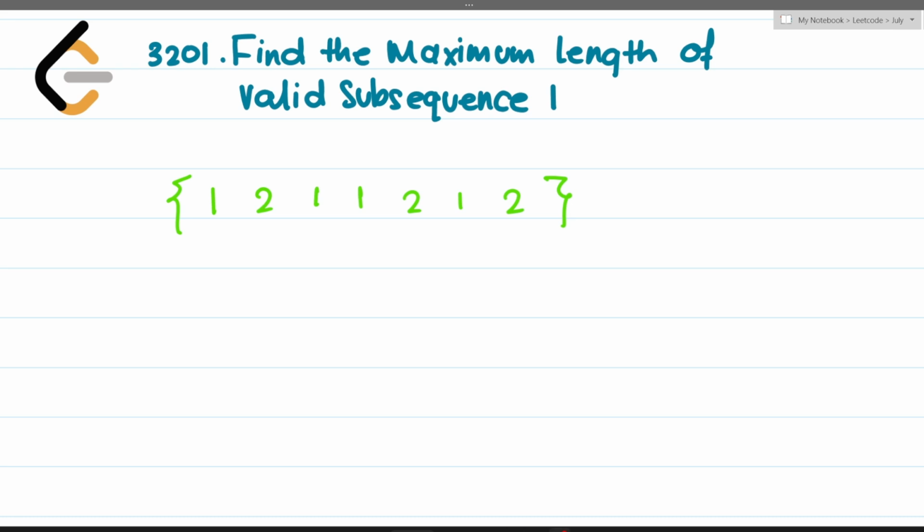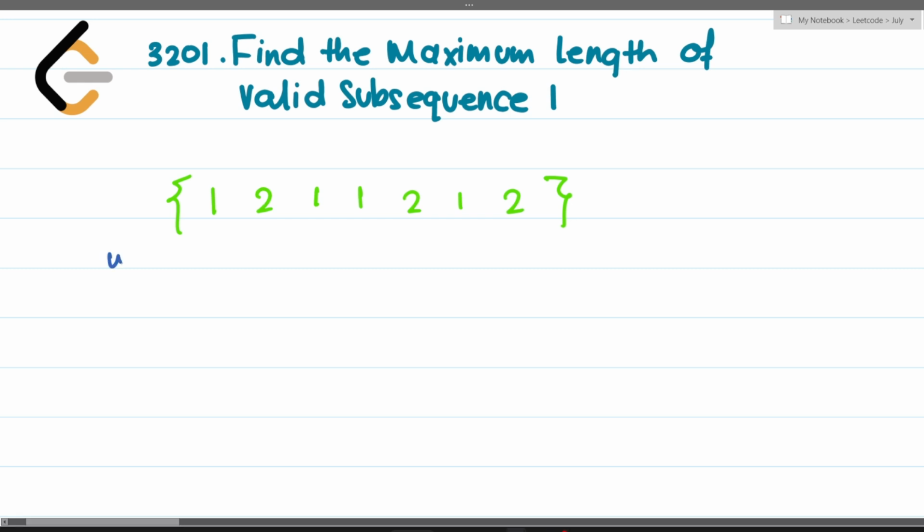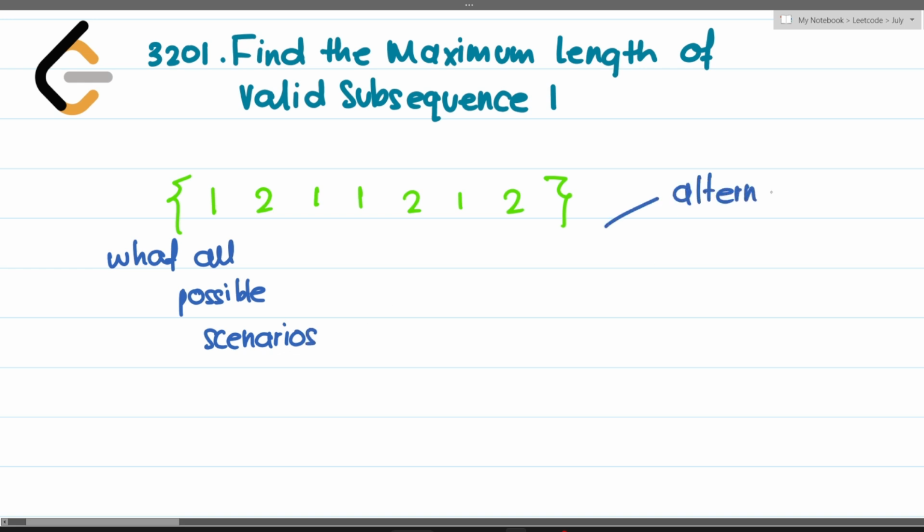Now if I start to think, what are all the possible scenarios? We are talking about either the case of alternating parity, or it can be the same parity as well. Why am I saying so?